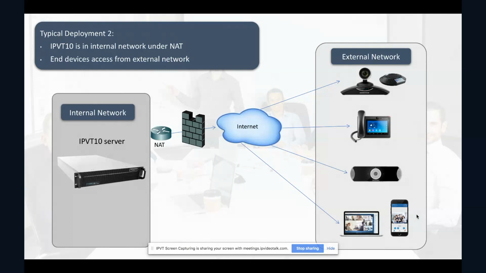To configure, the user has to set the external network adapter and NAT to complete the configuration. Please note that this deployment does not support users accessing the server directly through the internet network. Otherwise, it may cause abnormal issues for the conferences.